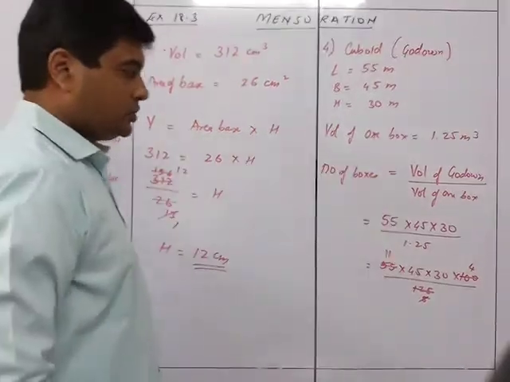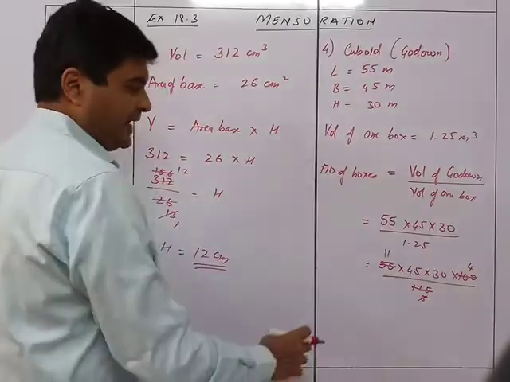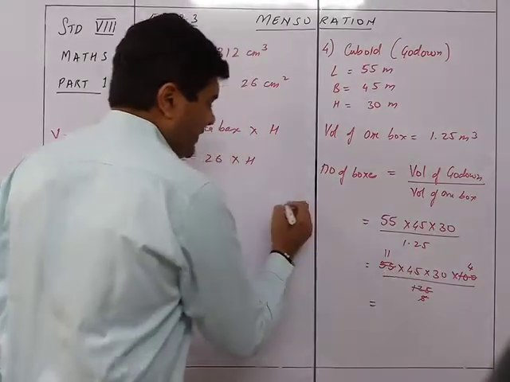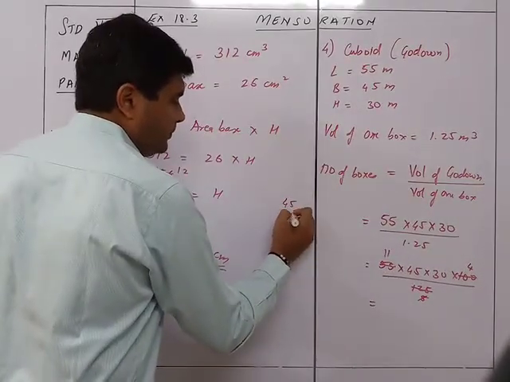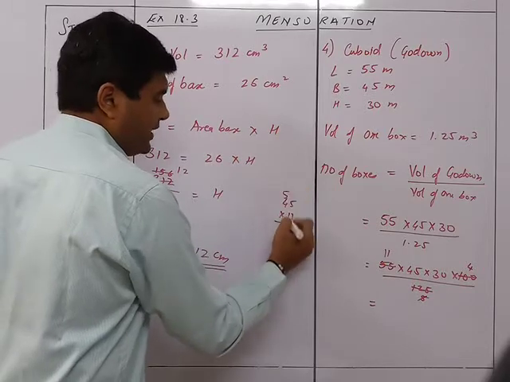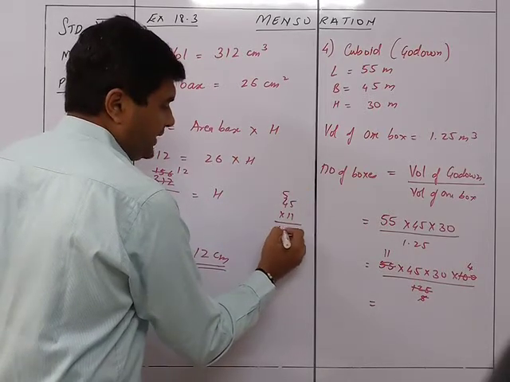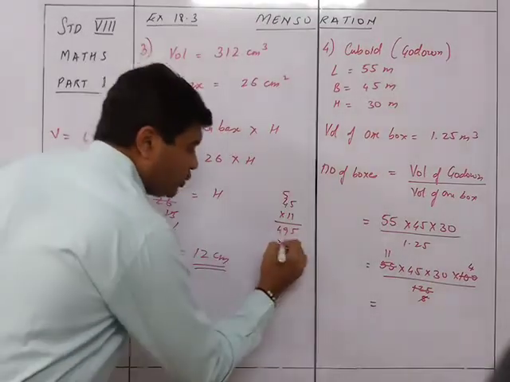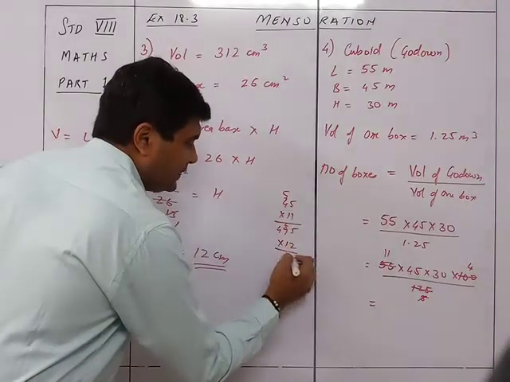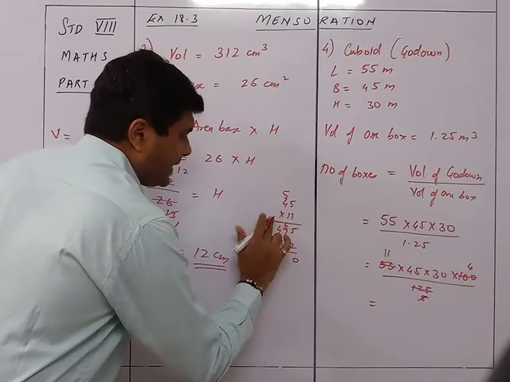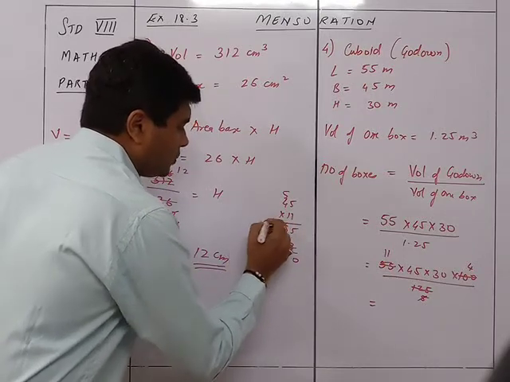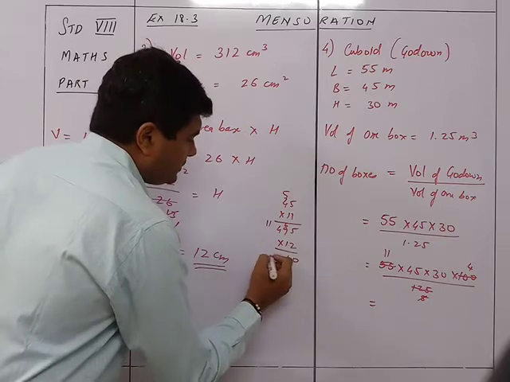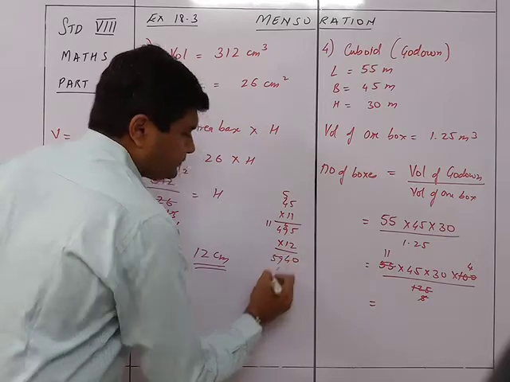So this gives us 45 into 11, which is 495, and this multiplies by 120, so into 12. 12 5s are 60, 12 9s are 108, plus 8 plus 6, so 114, and 12 4s are 48, 58 and 59.